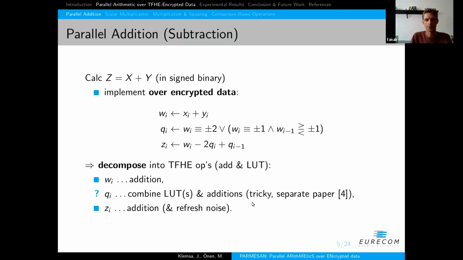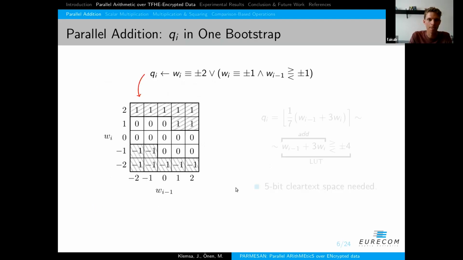And to choose a proper method, we have a separate paper on this topic where we identify the fastest approach among 2 parallel addition algorithms, one with base 2, one with base 4. And for each of these algorithms, we consider 3 strategies for how this can be combined with the lookup tables and additions.